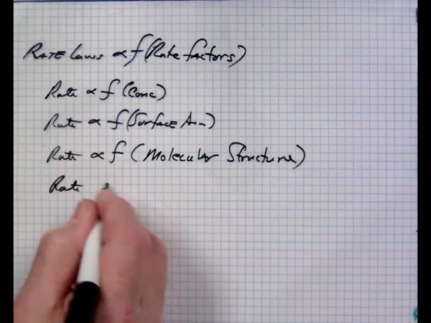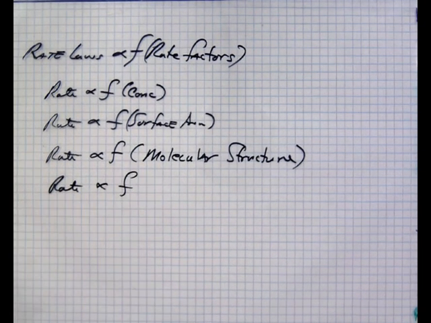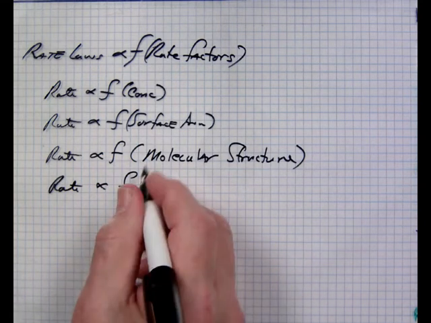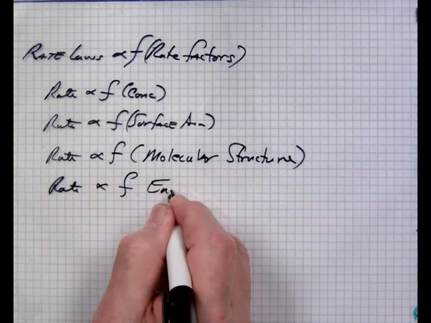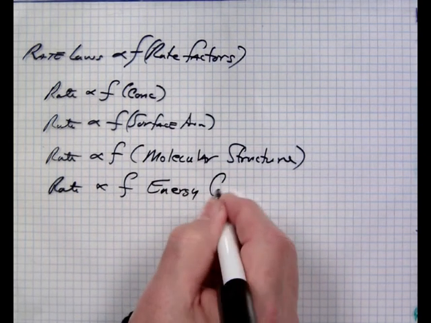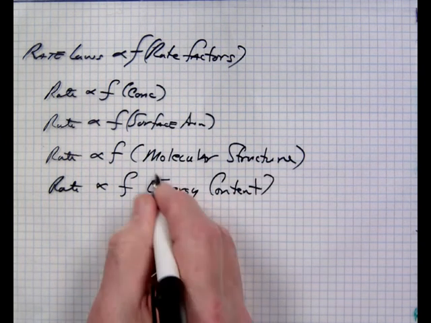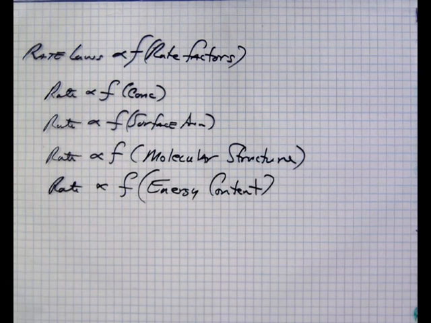Rate as a function of temperature, because that's basically what we measure as a byproduct of energy change. In essence, it's a rate proportional to the function of energy factors, energy content in the system. That is, A and B before reaction, A and B after reaction. How do you define the difference in energy levels?